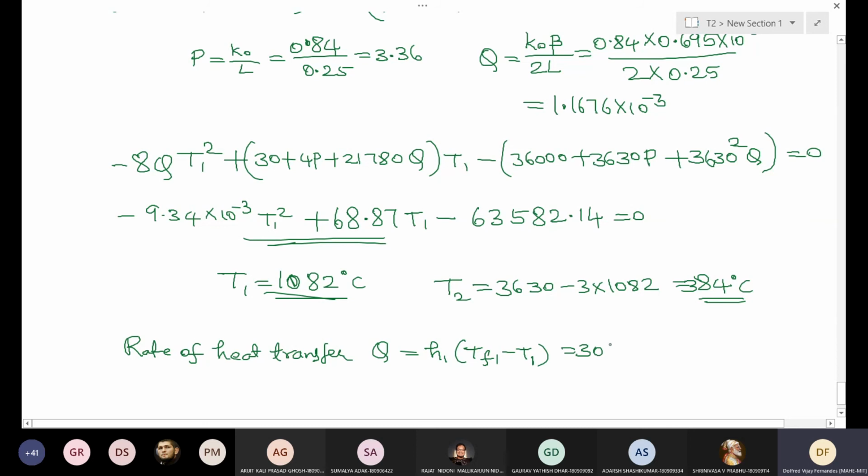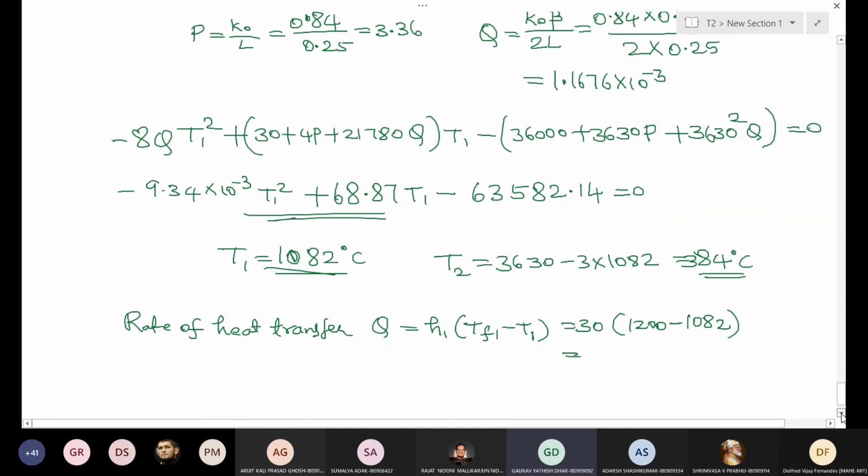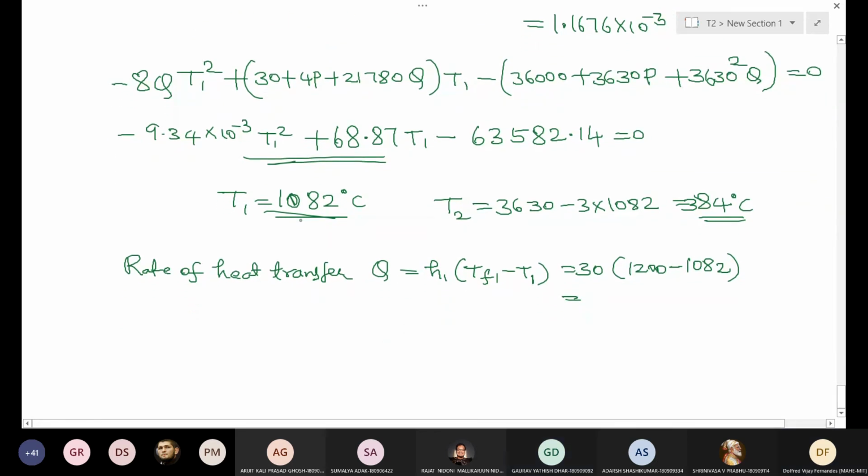H1 is 30, TF1 is 1200 minus 1082. So how much will it be? 3539.82.